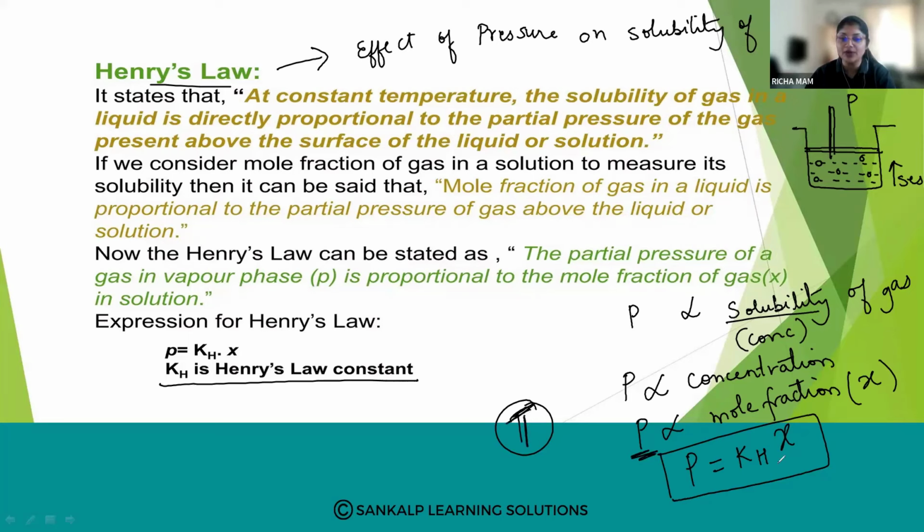So P equals KH into chi, where KH is Henry's law constant and chi is the mole fraction. If there is a liquid and gas solute particles, and I put pressure from above, then as the pressure increases, the solubility also increases. So this is about Henry's law.